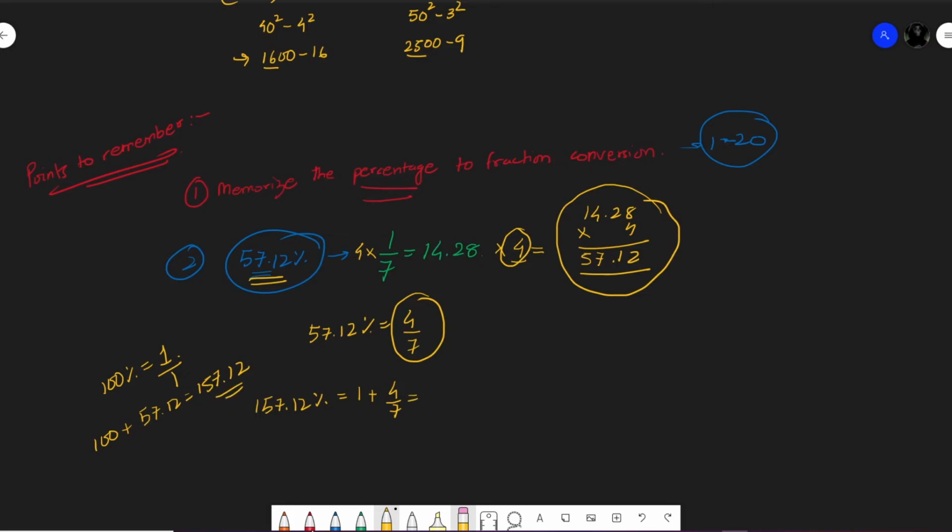So we will add simple 1 to 4 by 7. So it becomes 11 by 7. So 157.12 percentage equals 11 by 7. This is our fraction counterpart of 157.12. I hope you understood this. This will help to solve the next sum which is coming your way.